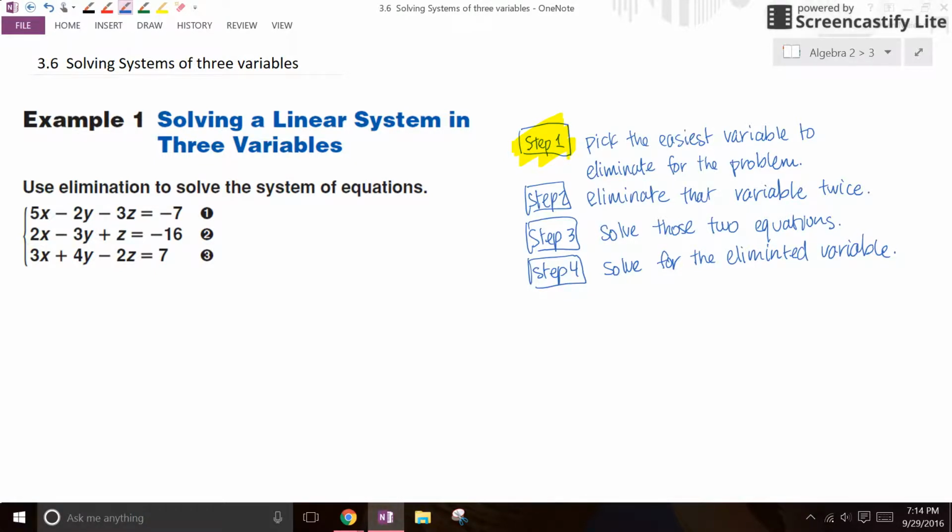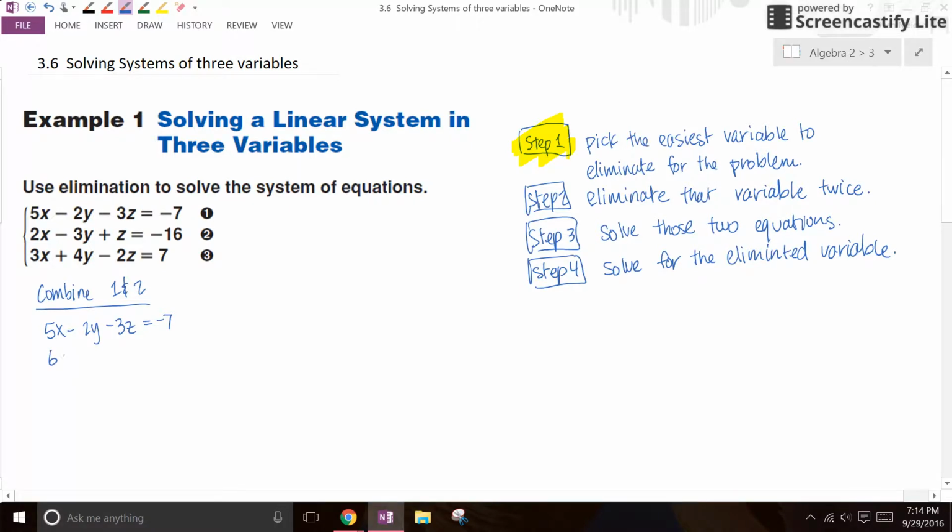So here we go. I'm at step 2 now. I'm going to combine equations 1 and 2 to get rid of z. In order to get rid of z, I'm going to leave the first equation alone, 5x minus 2y minus 3z equals negative 7. But I'm going to multiply that second equation by 3 in order to get rid of the z's.